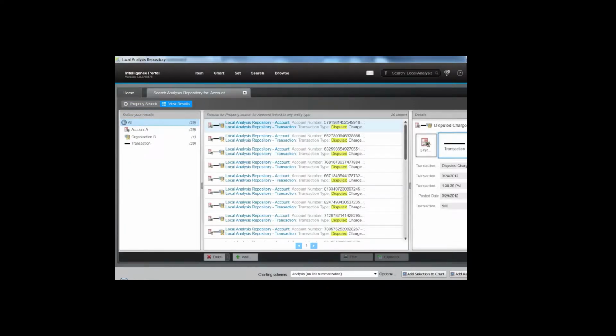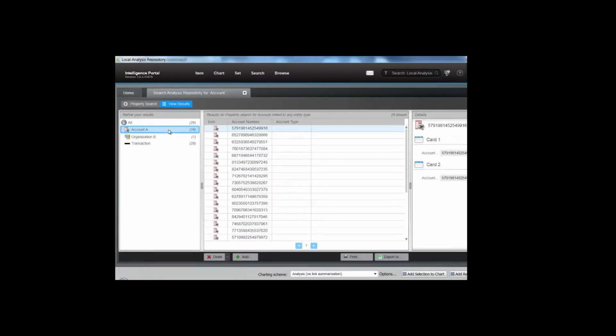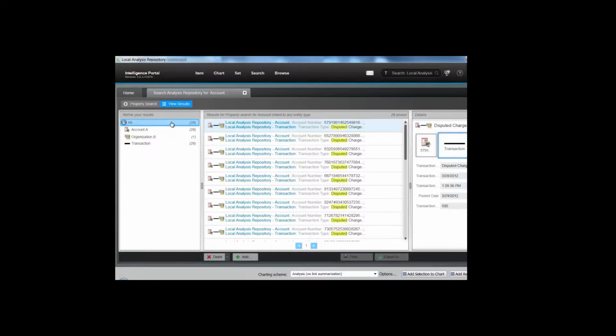She receives a very specific answer to that very specific query that she made. She has the ability to scroll through and look at the details of each individual transaction. But instead, she chooses to add all of the results to the chart to start visualizing.